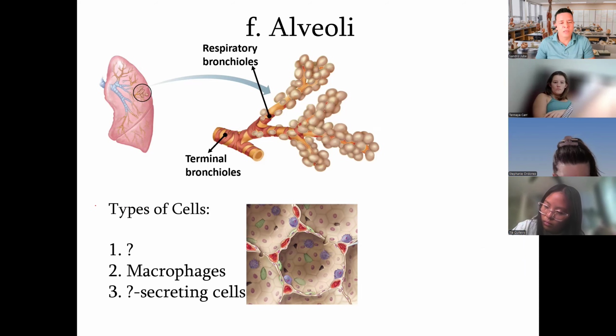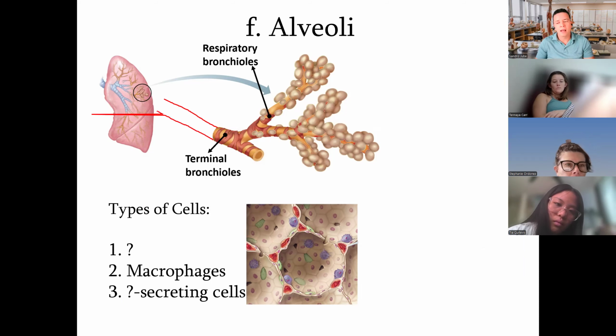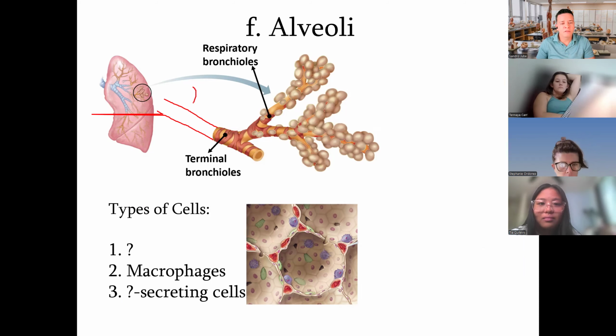Can anybody tell me, and every single one of you should be able to know this by now, what would be the name of the structure before the terminal bronchiole?